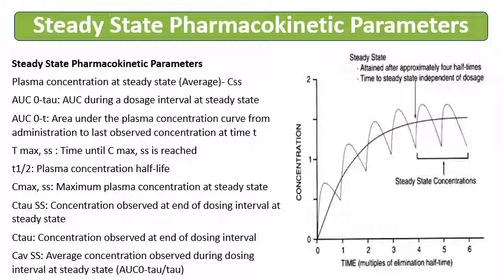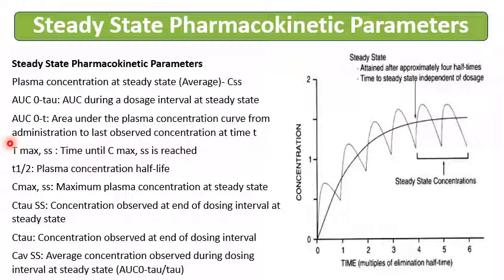Now, what are the steady state parameters? In a generalized way, we can say that AUC, Cmax and Tmax are the pharmacokinetic parameters. These are parameters for single dose studies.